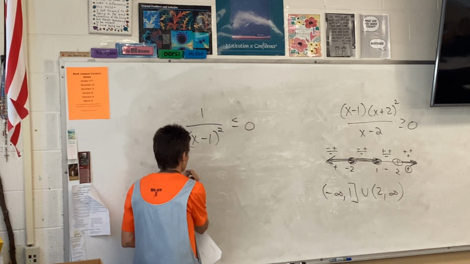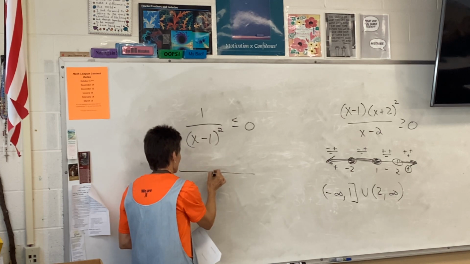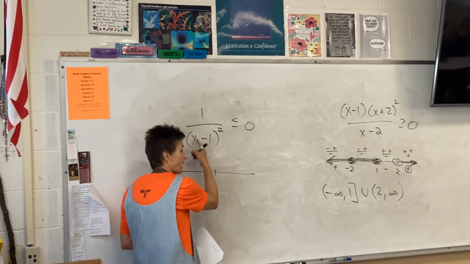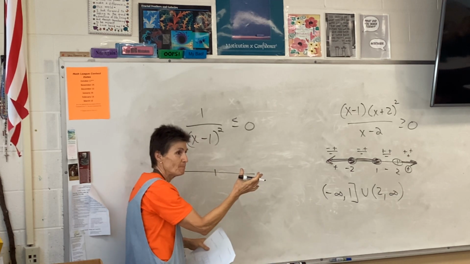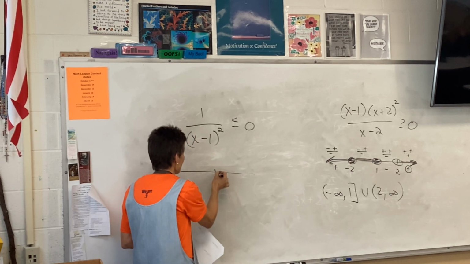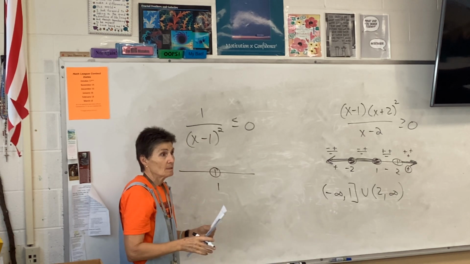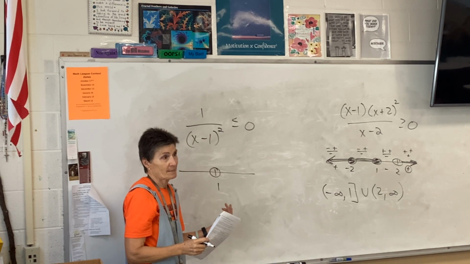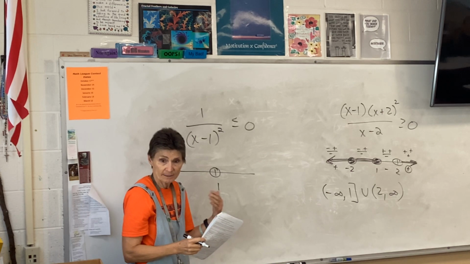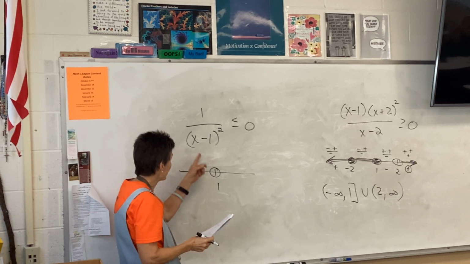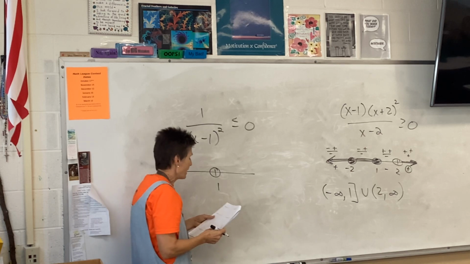How many dots does 6 have? 2. One dot, so I got 1 X. Well, it's got 2, but they're the same. And that dot is going to have to be open because it's a denominator dot, and you can't be 0 down there, so we can't let X be 1.